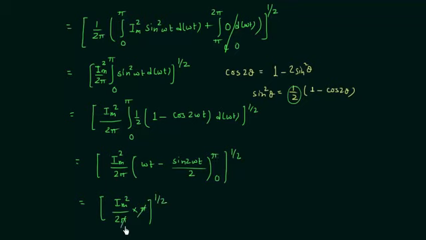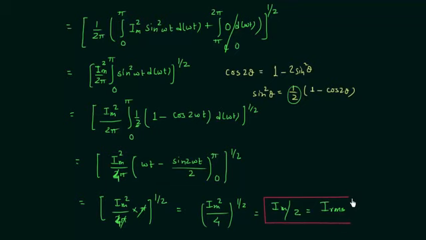This pi and this pi will cancel out, and we have Im square divided by 4, because of this 2 here we have 4, so Im square divided by 4 to the power 1 by 2. So this is equal to Im divided by 2. This is the value of IRMS. The root mean square value of load current is Im by 2, a very important formula.